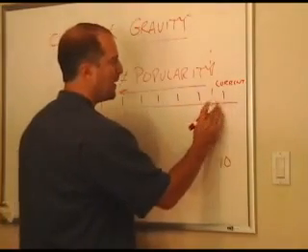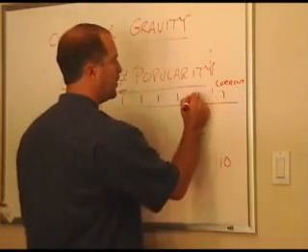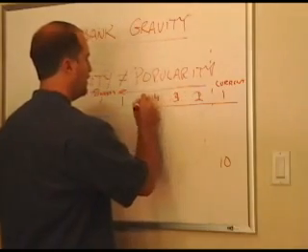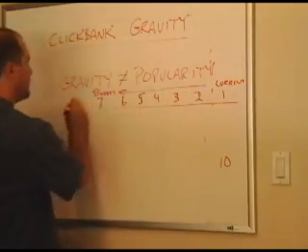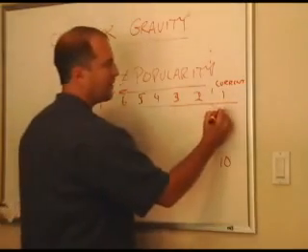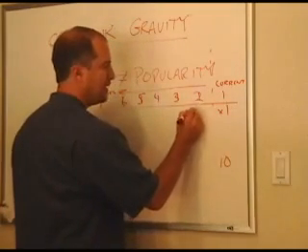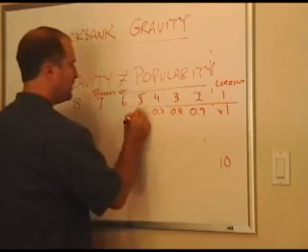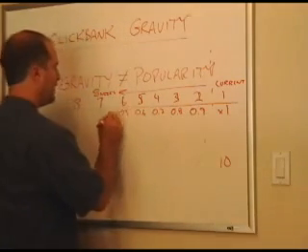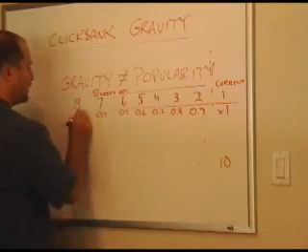So on weeks 1, 2, 3, 4, 5, 6, 7, and probably an 8 here too, the factor is times 1, times 0.9, 0.8, 0.7, 0.6, 0.5, 0.4, and 0.3.